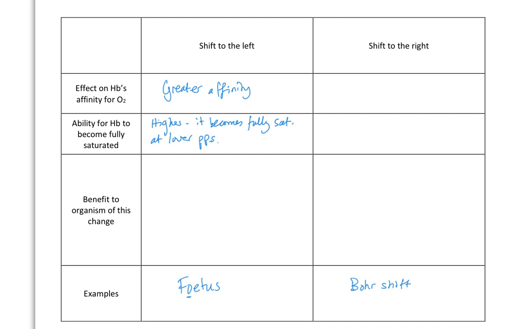Obviously, I'm not writing SAT full stop and PPs in an exam. And then this is the important one. What's the benefit to the organism of being able to bind oxygen better than another kind of hemoglobin? Well, you can scavenge oxygen from the other hemoglobin if you're a fetus. If you're like a lugworm or something, you can scavenge oxygen from a lower oxygen environment.